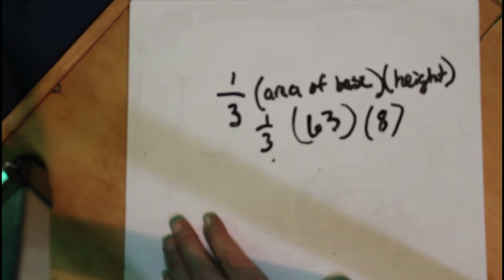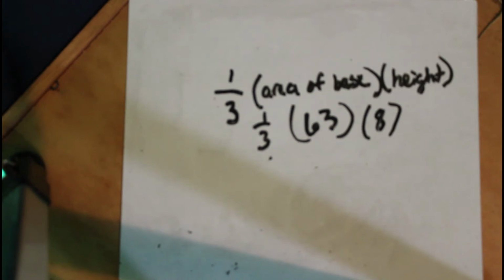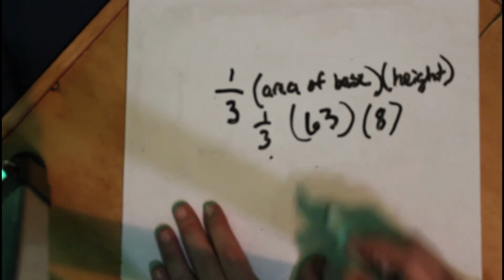And then we just multiply that out with a calculator. So 63 times 8. And if you're on a calculator and you don't know how to do times 1/3, that really just means divided by 3. And that is 168.